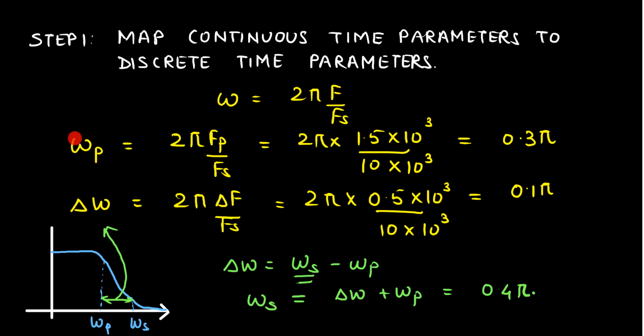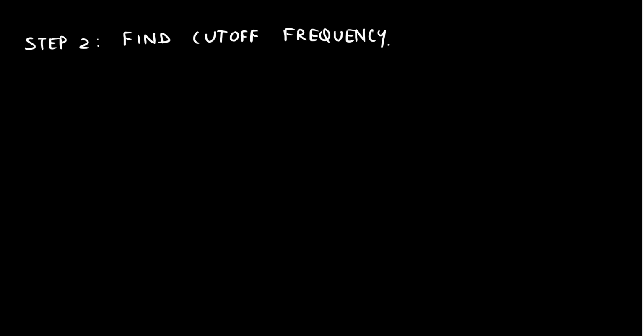So using this passband edge and stop band edge, we can find the cutoff frequency. So the next step, that is step 2, is to find the cutoff frequency. And this cutoff frequency is simply the mean of the passband edge and the stopband edge.